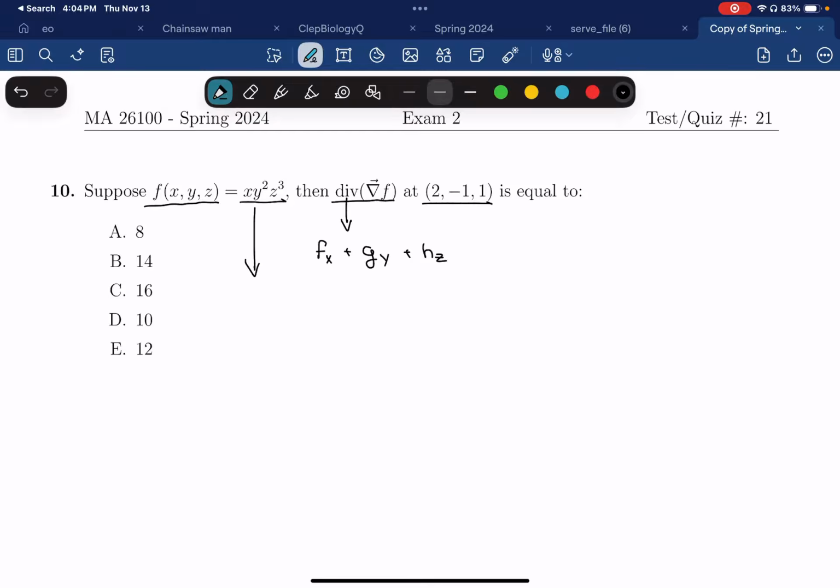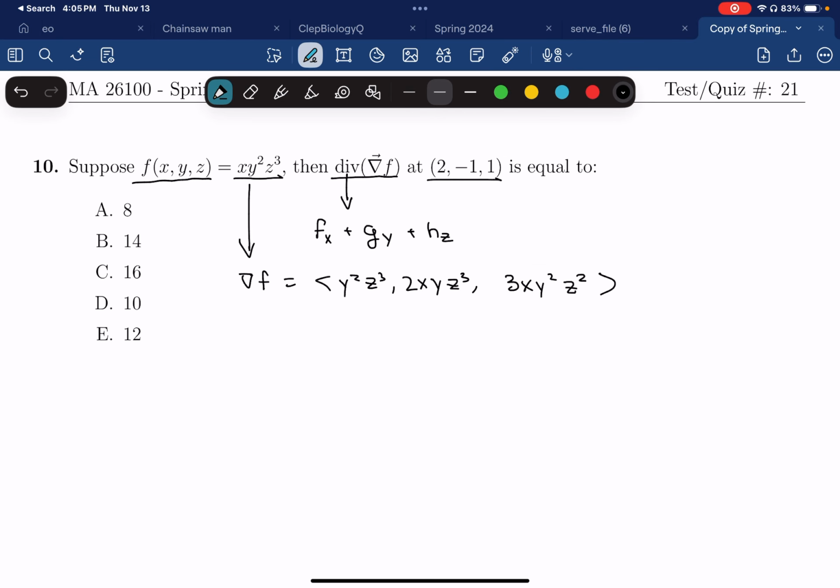So we have to find the gradient of f, which in this case will be y squared z cubed, 2x times y z cubed, and then 3x times y squared times z cubed.